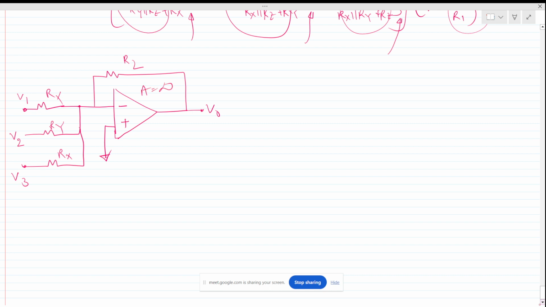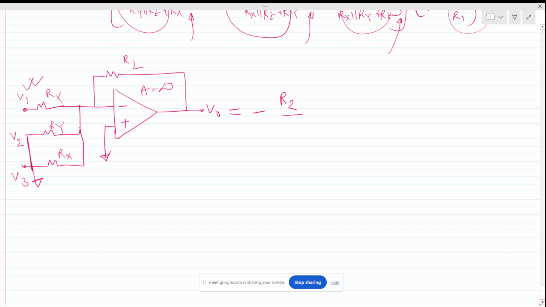Yes. So now it will have the same superposition combination, but there will be a negative sign of minus R2 by R1. Okay, so let me do that. When V1 is only active, this will be short circuited to the ground, right? Yes.